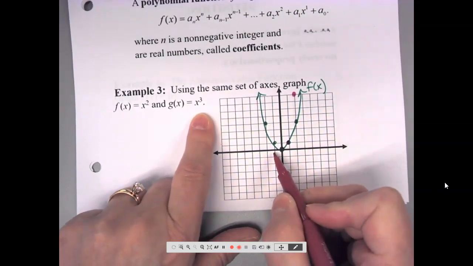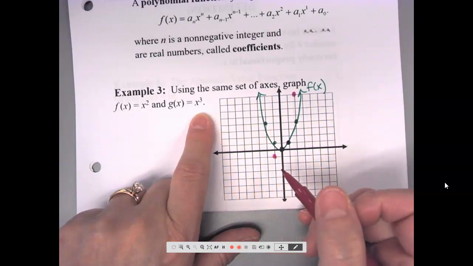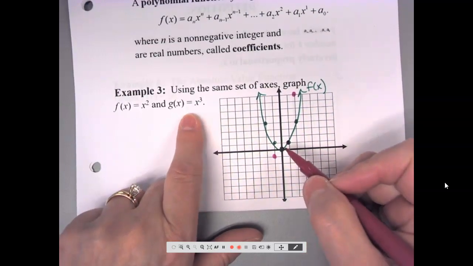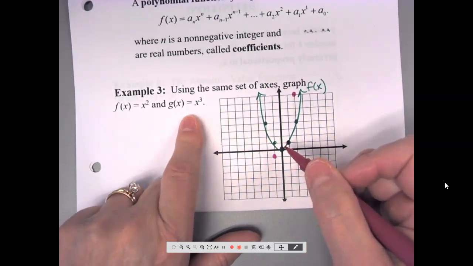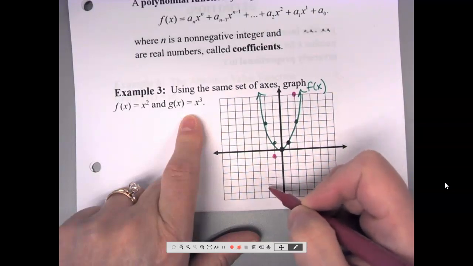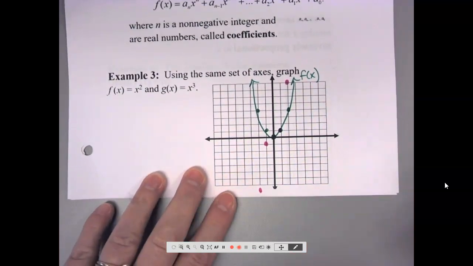What about -1 cubed? -1 times -1 times -1 is -1. What is -2 cubed? -8. Oh, why does that one not go to 8? That's strange.